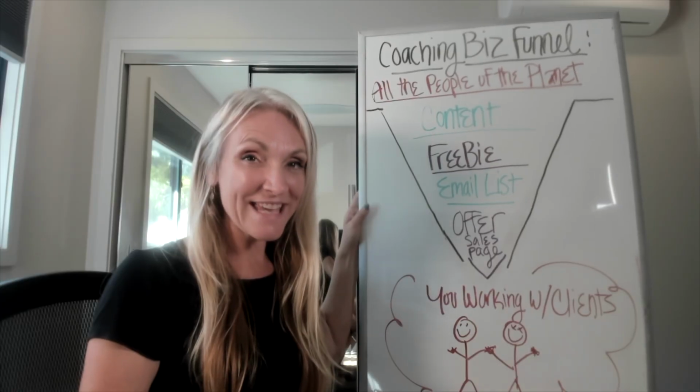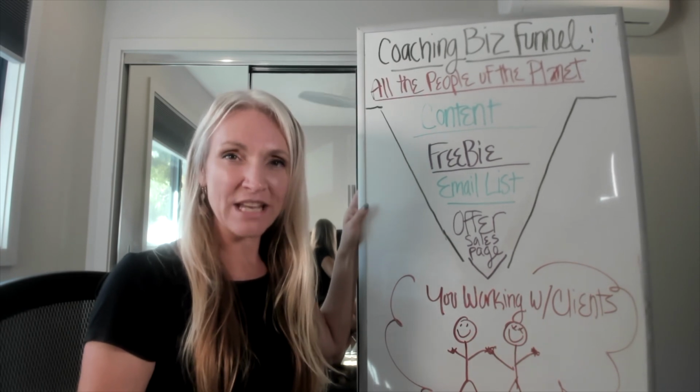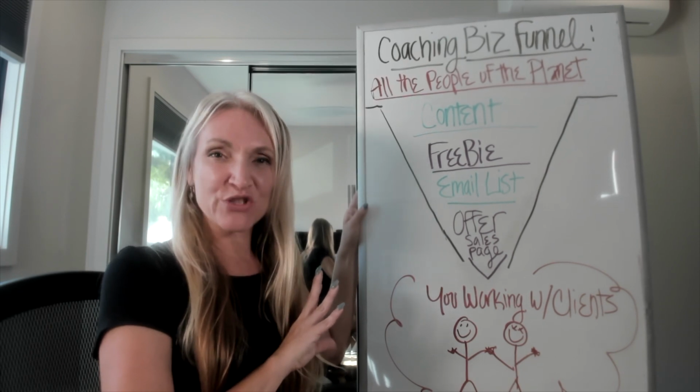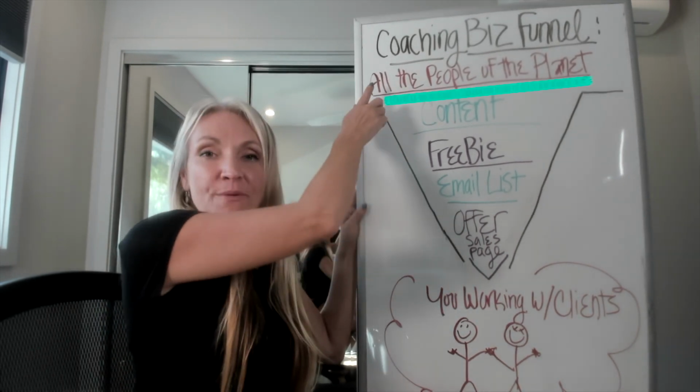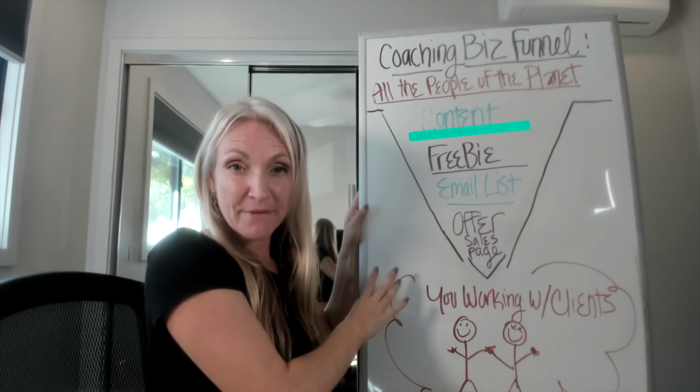So to recap our 4 steps, this is a coaching business funnel, my beautiful artwork here. So we start with all the people of the planet, and then we have the content that you're making at the top of the funnel.